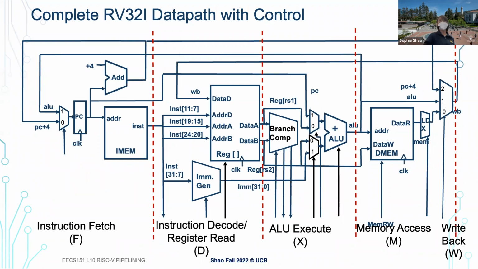Then we get to the execution stage, where we calculate the arithmetic or logical operations and also do branch comparisons. Then if it's a memory instruction, we do memory access, so we have a memory access stage. And finally, for the final result, we have a write back so that we can write our data back to the register. So those are our 5 pipeline stages. Again, this is just our design. Pipelining can be applied in any design, so we use our 5-stage pipeline.